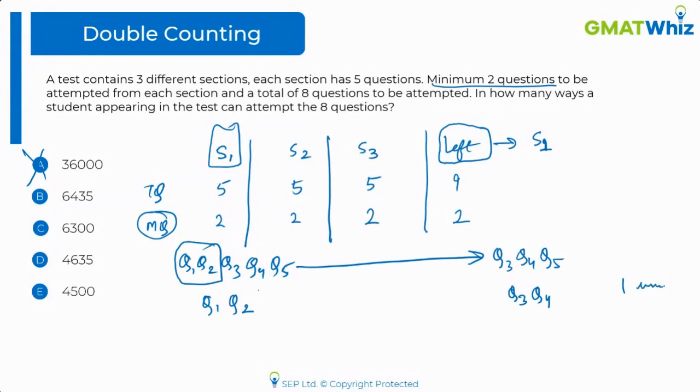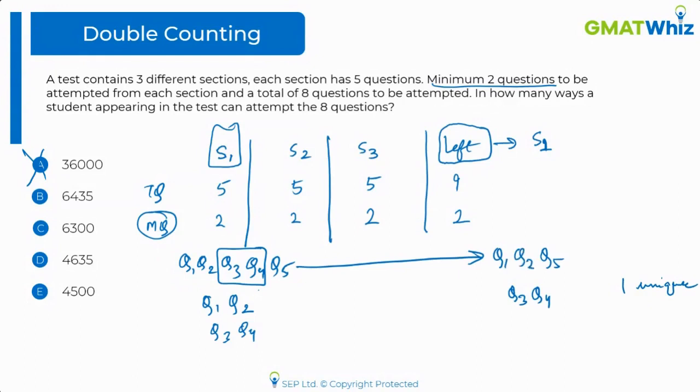Now think about it. When I'm doing the first selection, it is likely that instead of selecting Q1 and Q2, I might also select Q3 and Q4. That is possible. Then what I'm left with is Q1, Q2, and Q5.